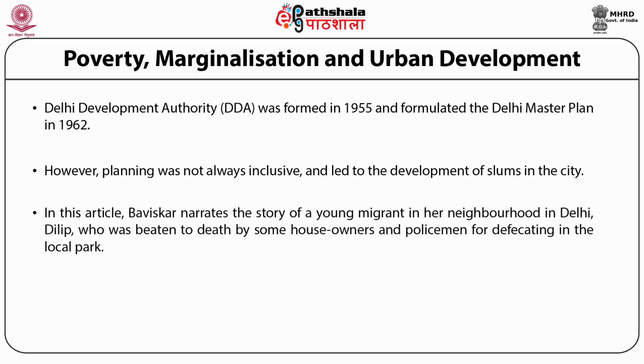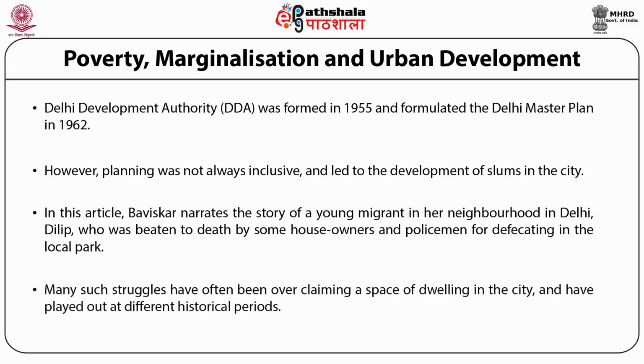In this article, Baviskar narrates the story of a young migrant, Dilip, who lived in her neighborhood in Delhi and who was beaten to death by some house owners and policemen for defecating in the local park. The story effectively portrays the struggle over urban space between the middle class and the poor population, and that have defined implementation of urban development plans.